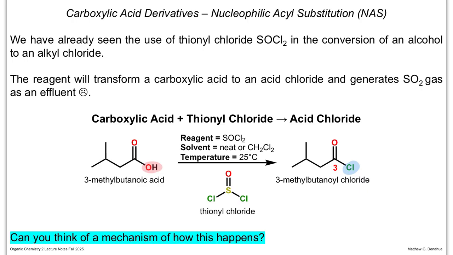So thionyl chloride has this structure shown. You have a sulfur with a double bond to oxygen and then 2 sigma bonds to chlorine. The reactions themselves are pretty straightforward to run. You would basically just take your acid and run it in thionyl chloride as the reagent and the solvent.